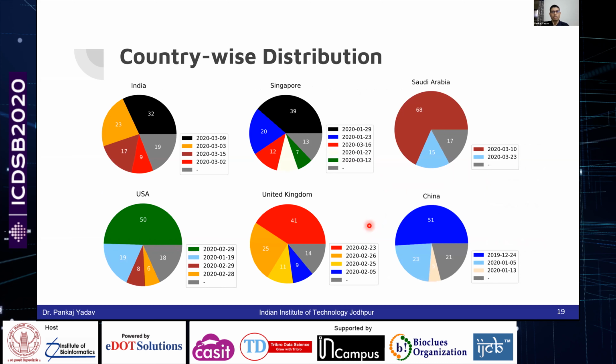This is showing the same thing, but comparing more countries across the world. As you can see, in India, Singapore, Saudi Arabia, USA, United Kingdom, and China, this kind of ISM that was more prevalent, I guess it was the D type.